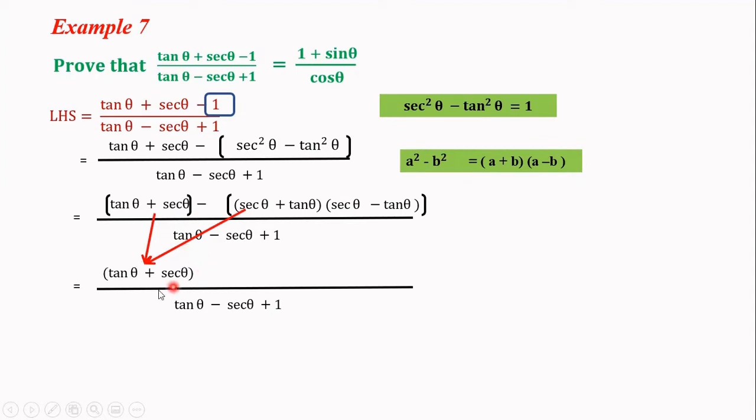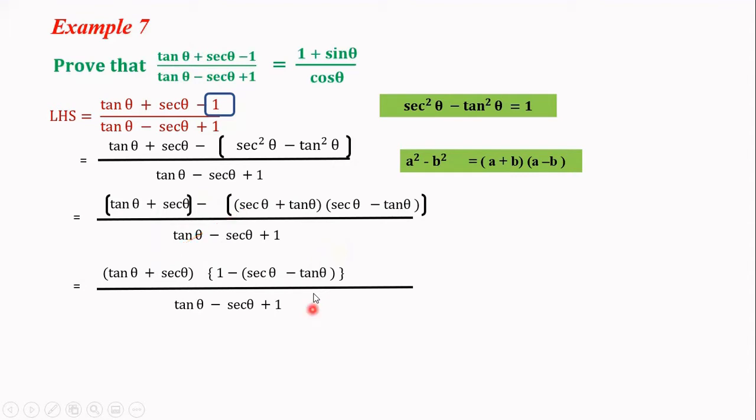So let's take tan theta plus sec theta common. Now left over is in the first term, this sec theta plus tan theta is already there in the common. So we put 1 here, minus, copied from here. And in this second term, we have sec theta minus tan theta left over.